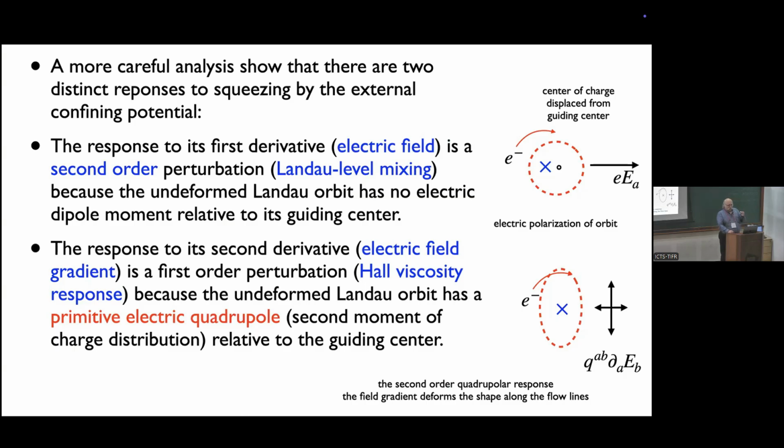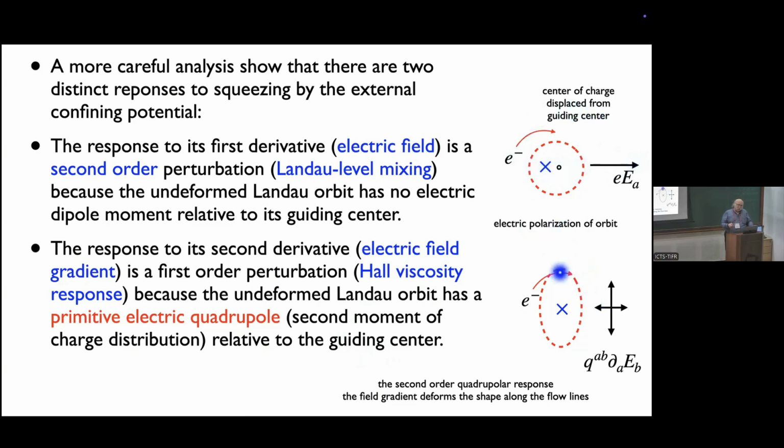And in fact, the fundamental gap in quantum Hall systems in their bulk is a gap against anything that carries electric polarization. They have a unique state, and then there's a gap for anything with electric polarization. So the electric field effect is a second order response. And it's actually a Landau level mixing response. The electric field just pushes the center of the orbit downstream from the guiding center, giving a dipole moment, an electric dipole or polarization, to the Landau orbit.